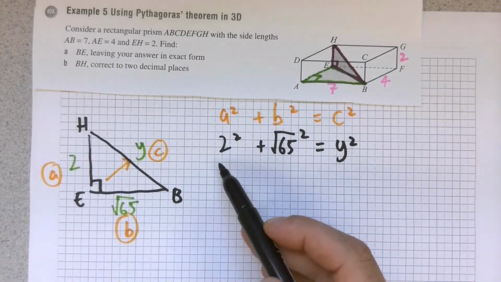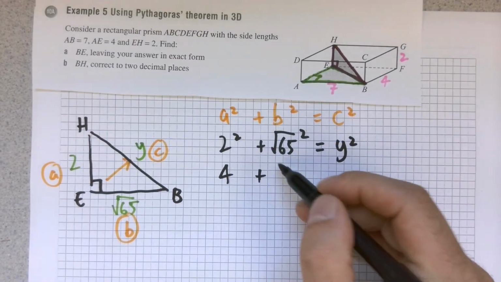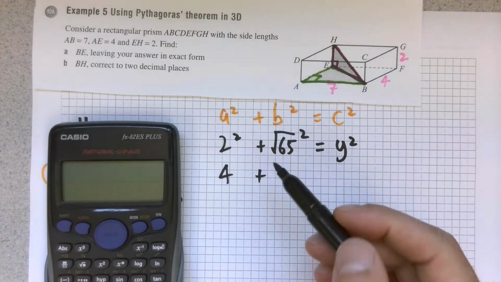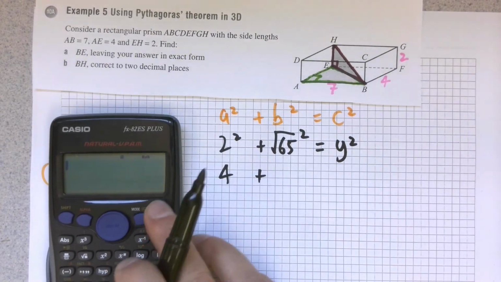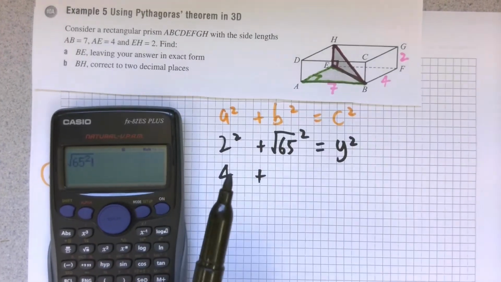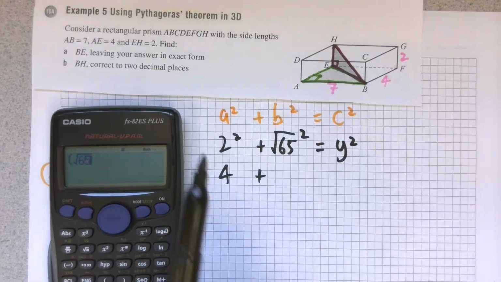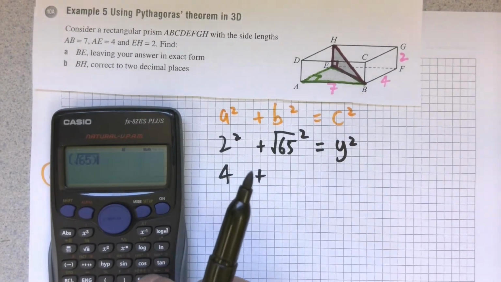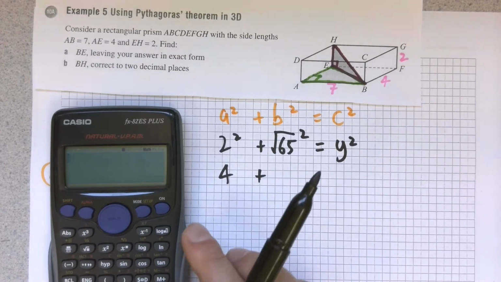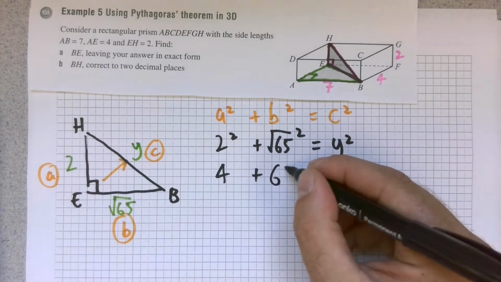2 squared, 2 times 2, is 4. The square root of 65 squared is the square root of 65 times the square root of 65. It cancels itself out, so it's actually 65.